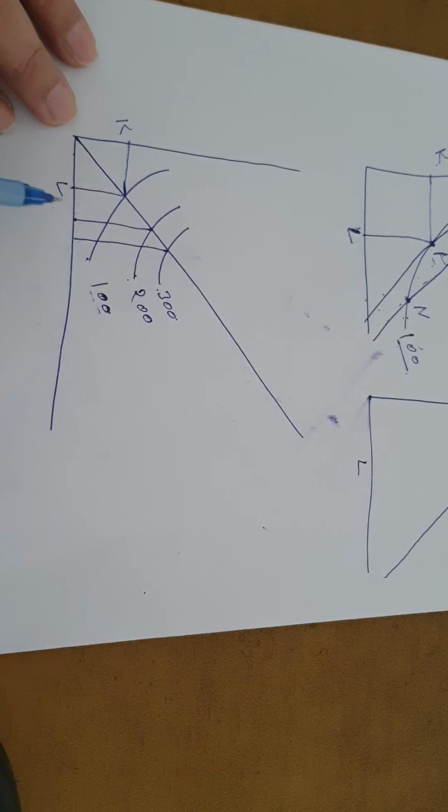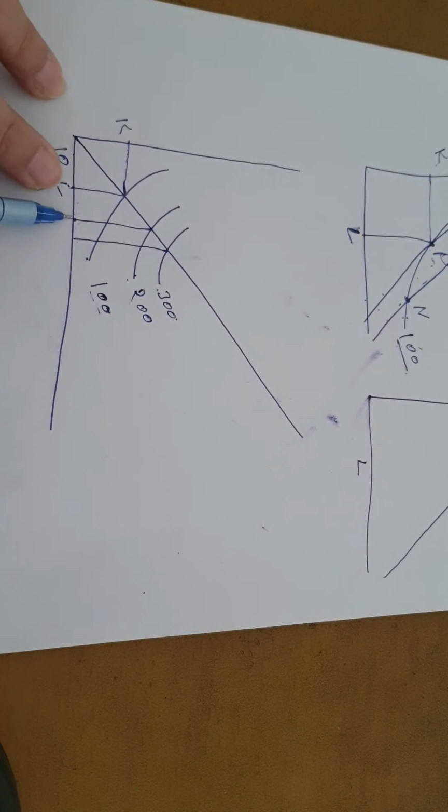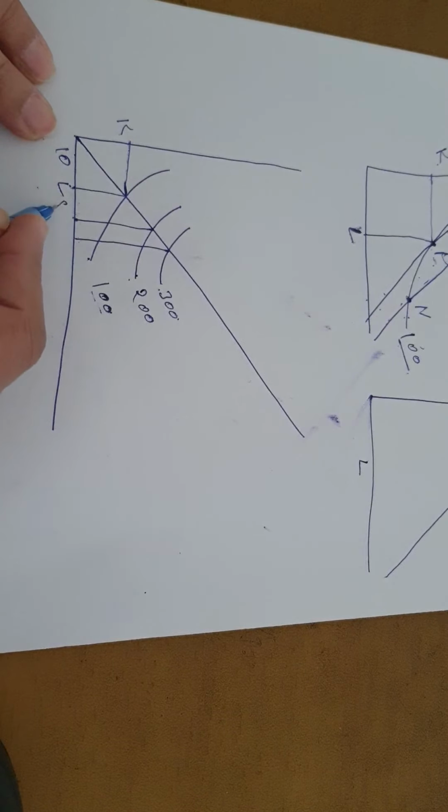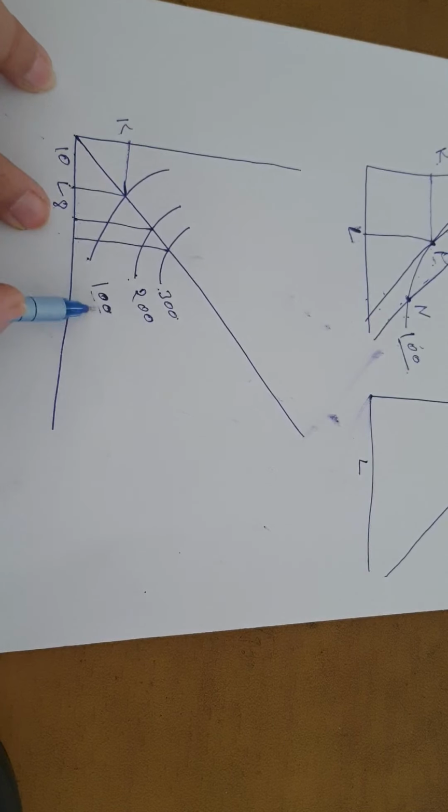Suppose in the starting 10 laborers were required to produce 100 units, but for the next 100 units, this is less than this amount. Suppose you need only 8 labor, and for the next 100 units you are using, suppose, 6 labor.